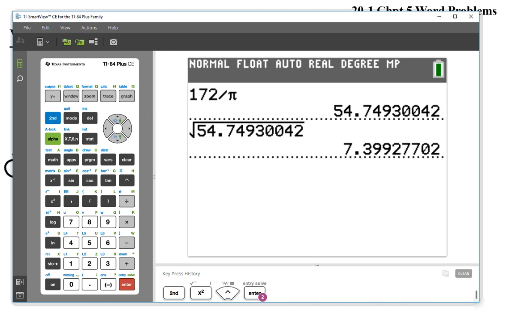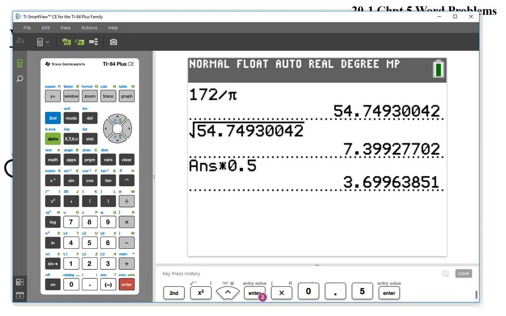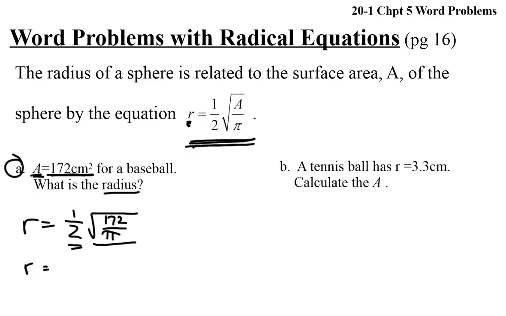Well, the nice thing about 1/2 is it's a terminating decimal, so I'm just going to multiply my answer by 1/2 or 0.5, and we get, based on what the question asks for, rounded to the nearest tenth of a centimeter, 3.699. 9 tells us to round up, so we get a radius of 3 7/10 centimeters.